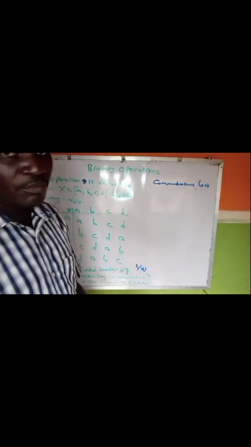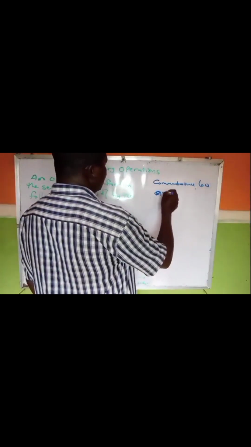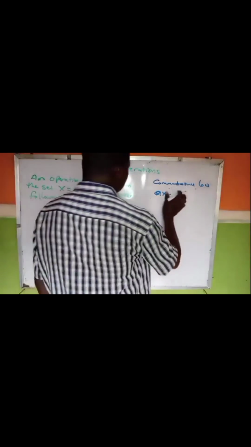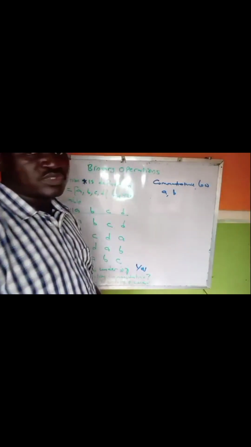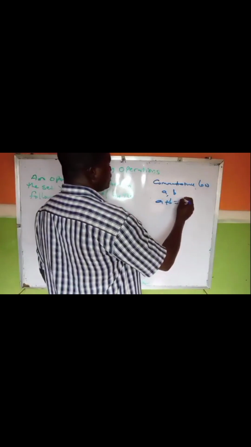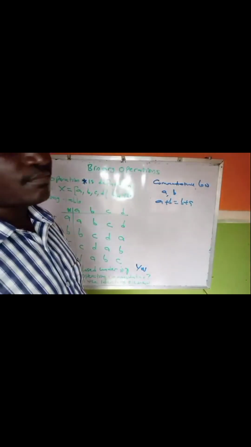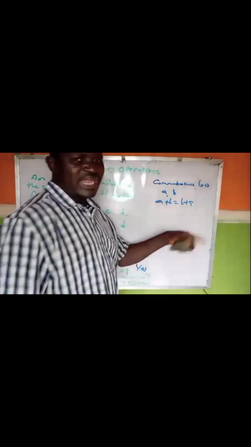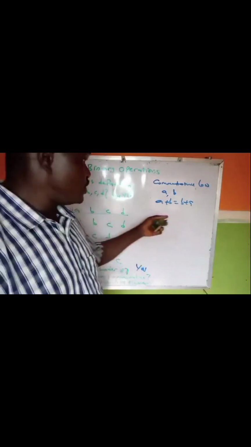What does the commutative law mean? It means if you have a set of two numbers, let me say A and B, how are you going to test whether they are commutative or not? If A plus B equals B plus A, then you will say they are commutative. A plus B equals B plus A under addition, so it's commutative.